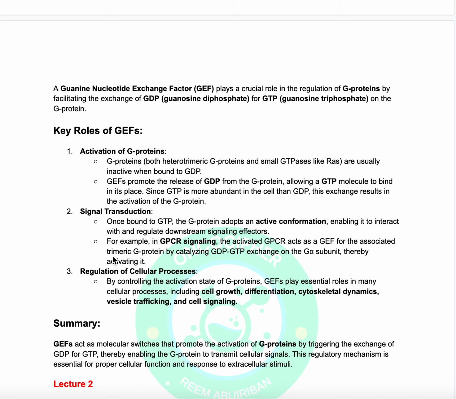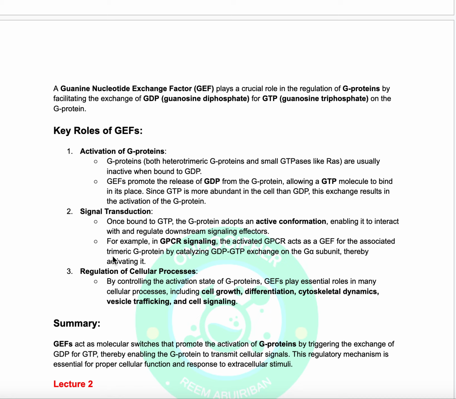G protein in its different forms, like heterotrimeric G protein, and we said trimeric, that means 3 subunits alpha, beta, and gamma, and the small GTPases, which hydrolyze the GTP to GDP because they are like enzymes, are usually inactive when bound to the GDP.